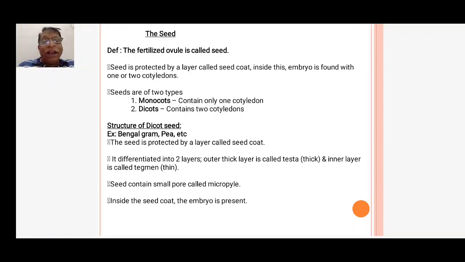The fertilized ovule is called seed. ಓಕೆ, ನಿಮಗೆ ಕೇಳ್ತಾರೆ ಸೀಡ್ ಅಂದರೆ ಏನು ಅಂತ. ಇಟ್ ಈಸ್ ನಥಿಂಗ್ ಬಟ್ fertilized ovule.